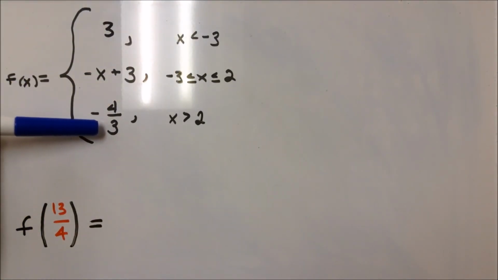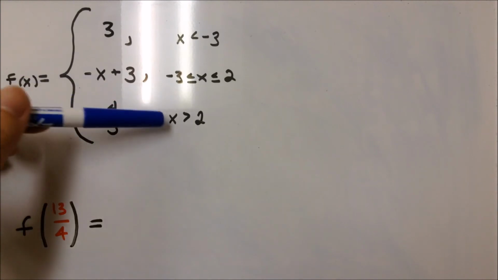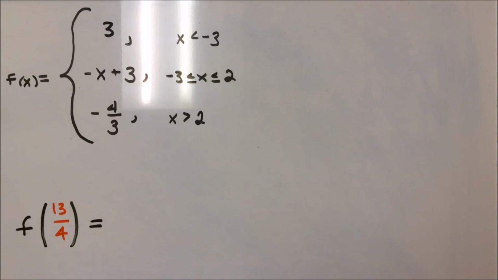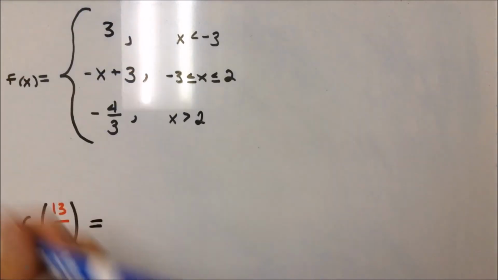Last, constant function -3/4 where the domain is x greater than 2. So when it's asking you to find f of 13 over 4, well, we have another fraction. Not going to be easy to plug it in, so what we're going to do, let's use long division just like in the last example, to convert into a decimal. That way we can easily see which one to use.